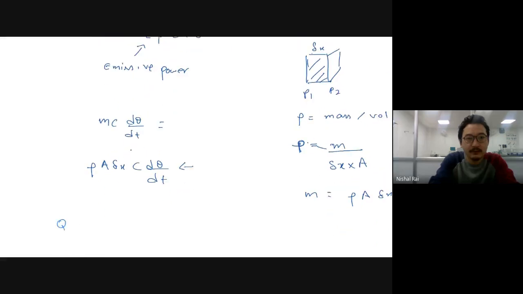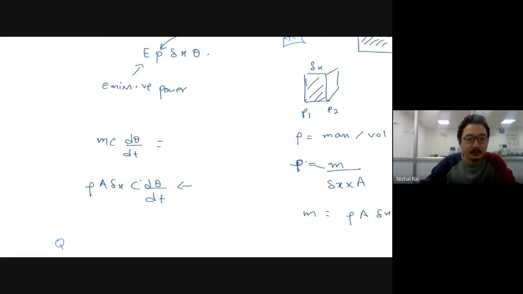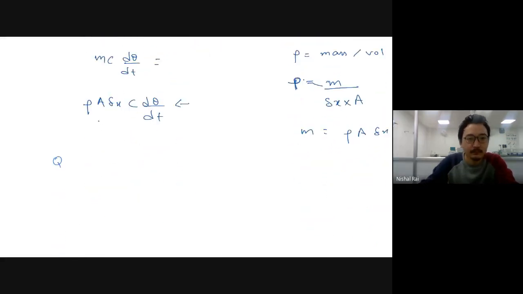One was E P δx. Let's consider one by one. Plus, yes, the second term was E P δx θ.